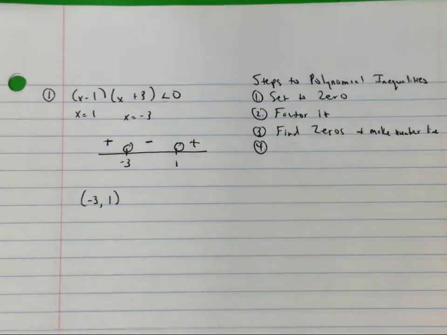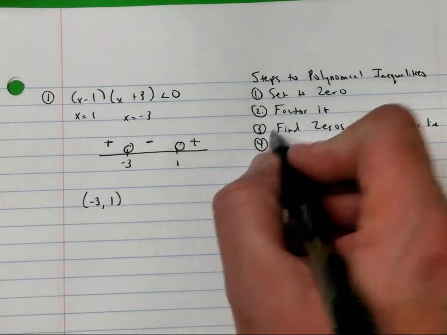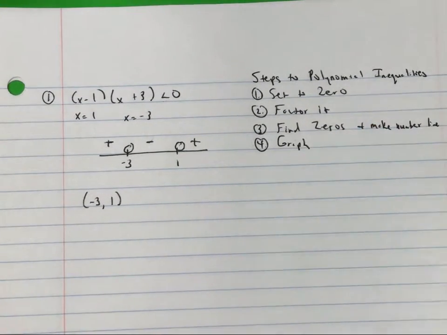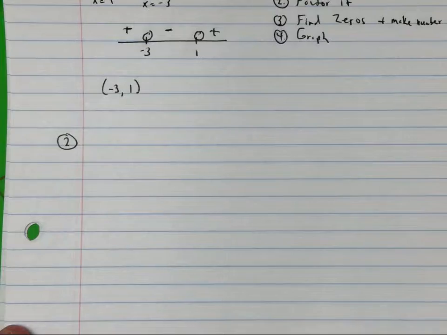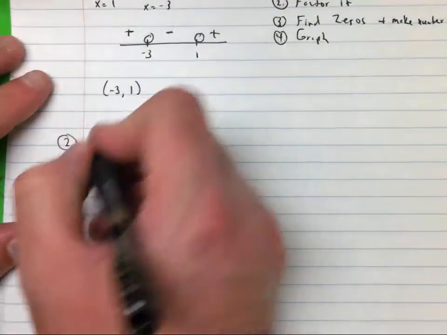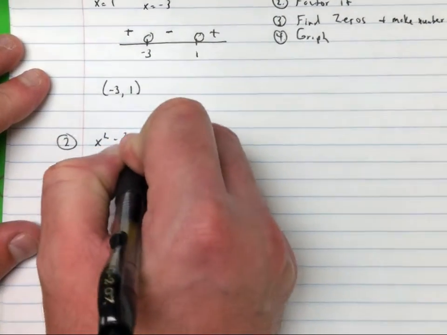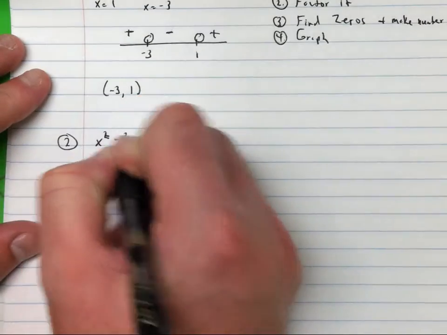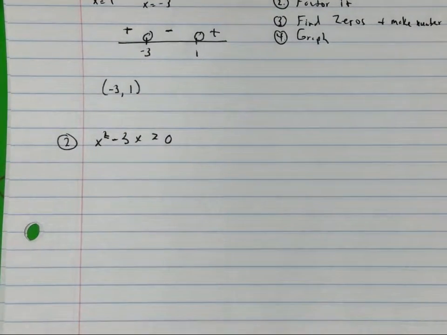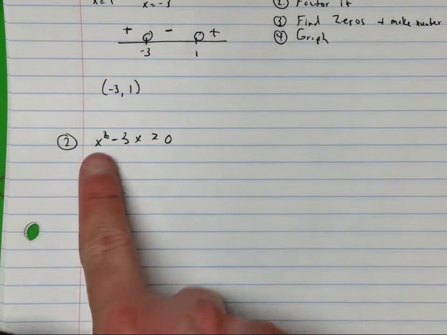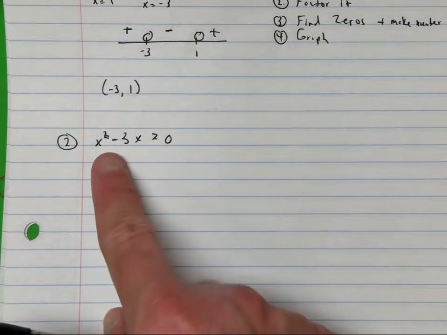Alright, let's look at number 2. Number 2 is x squared minus 3x greater than or equal to 0. So step 1, make sure it is set to 0. We need to factor it.